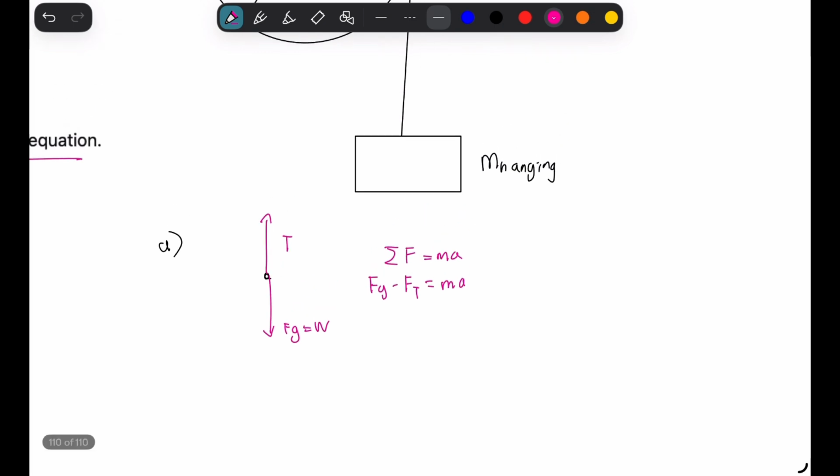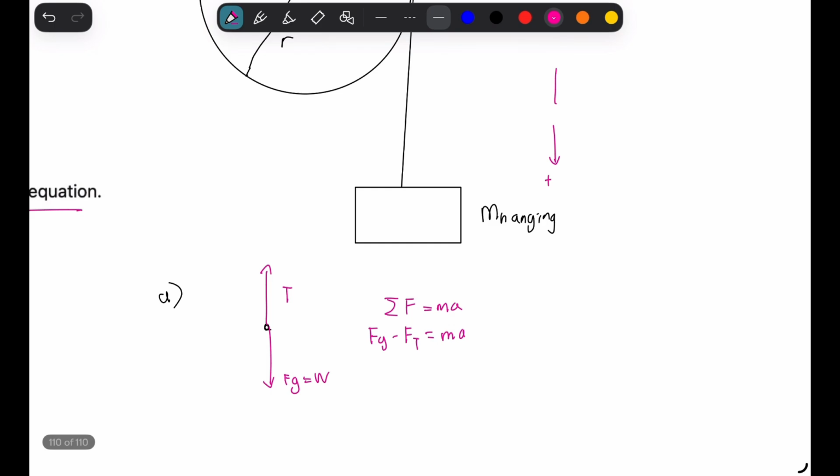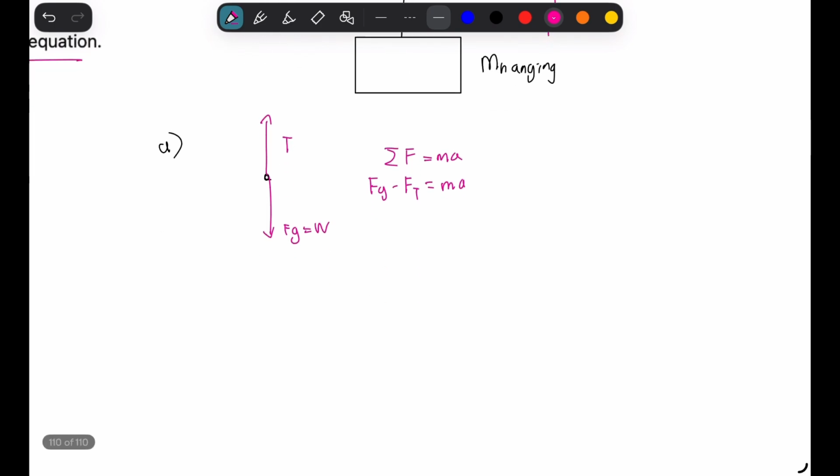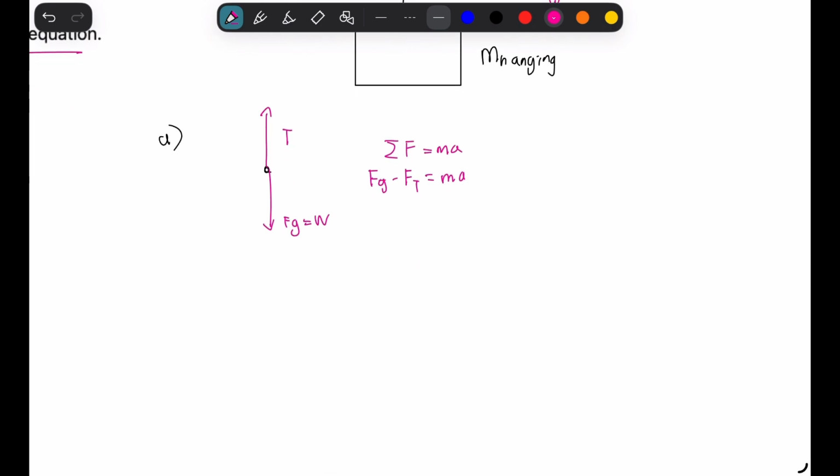The reason is we're going to consider the downward direction to be our positive direction and our upward direction to be negative, which is why Fg is positive. And we are going to convert this to Fg is equal to the hanging mass times gravity, and Ft is going to be equal to Ft. And we still have our hanging mass times our acceleration. We can call this Ft to stay consistent.